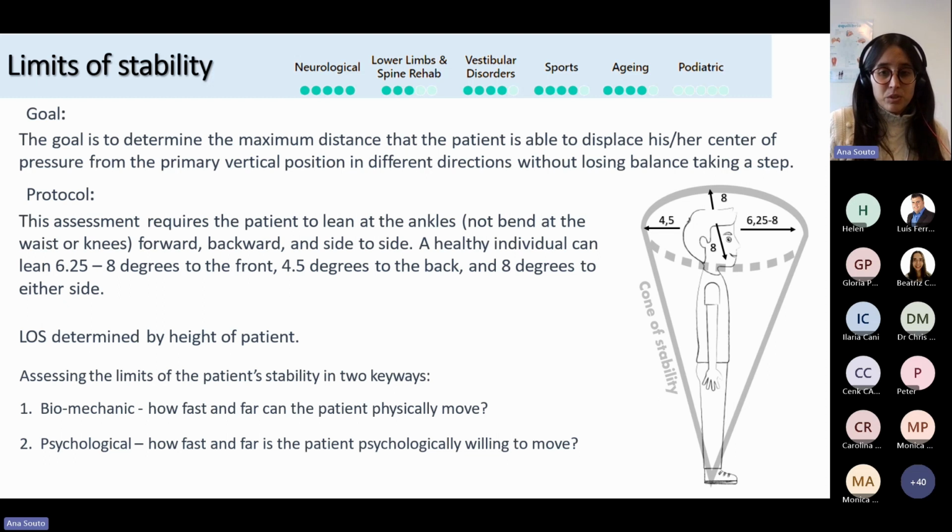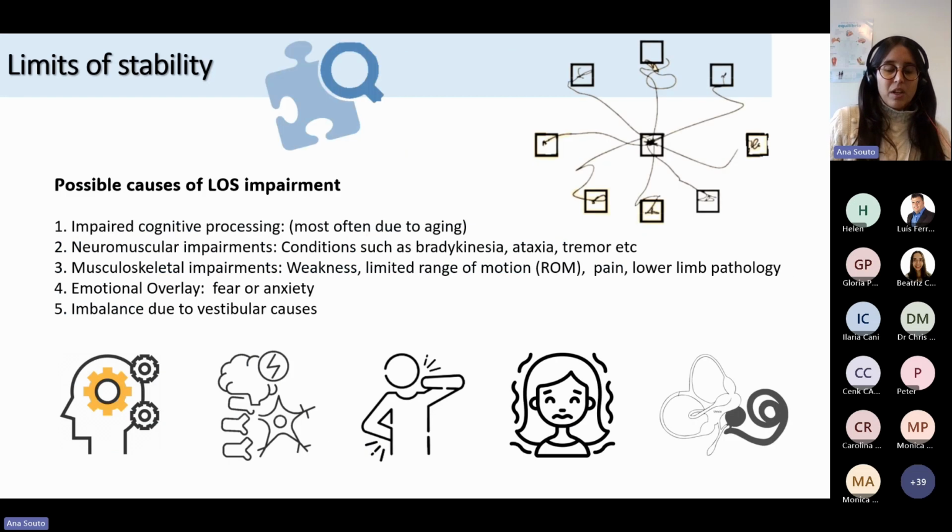And it's used a lot for screening and assessing fall risk, particularly in elderly populations when there is already a cognitive and attention deficit, which will also have a really big impact on the limits of stability.